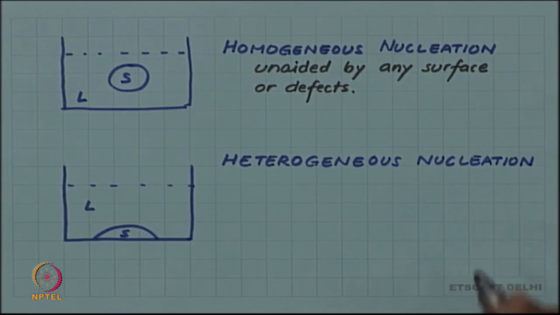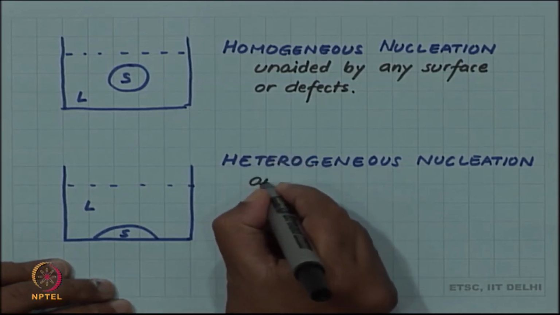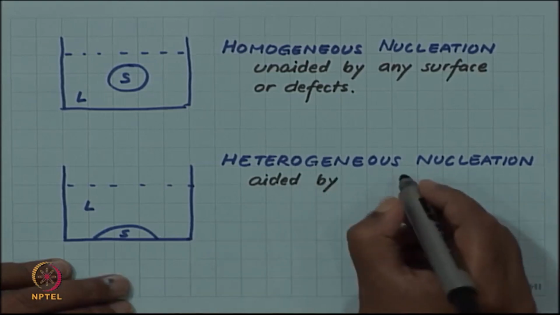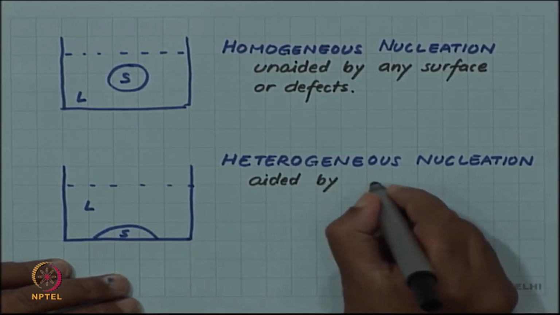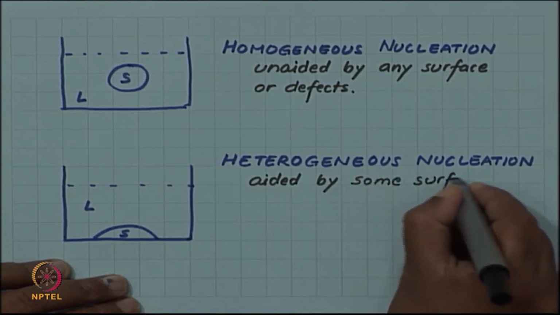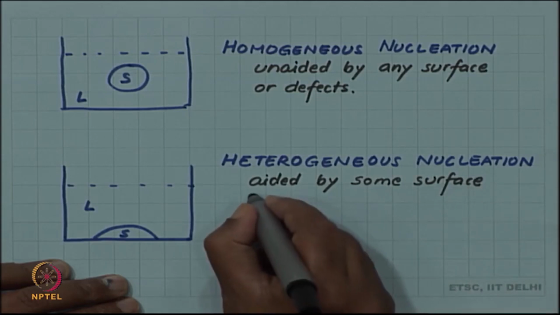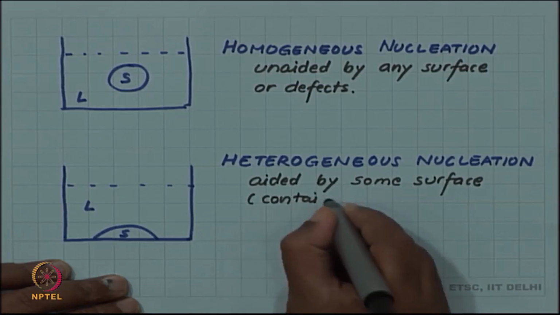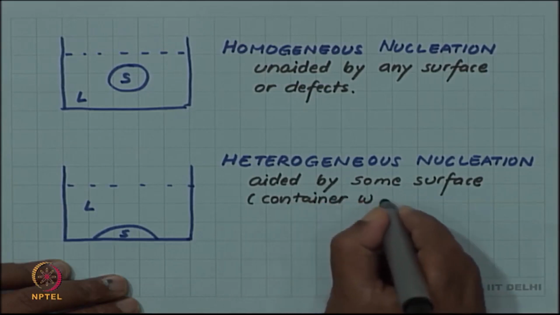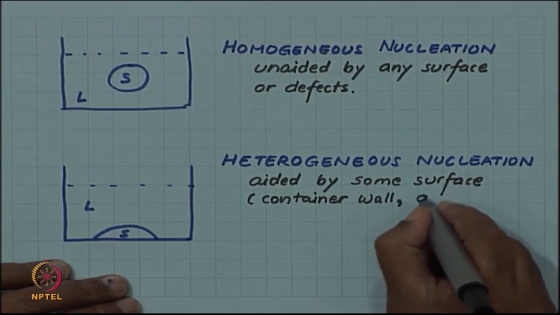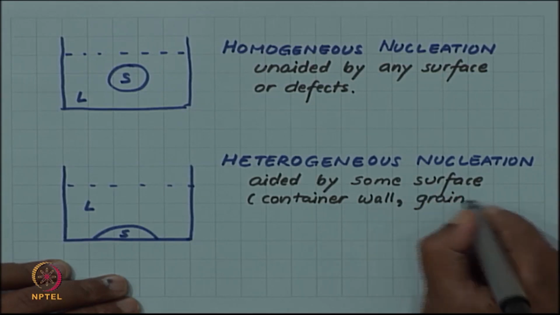This kind of nucleation is aided by some surface, for example, like in this example, container wall, or in case of solids it can be grain boundaries.